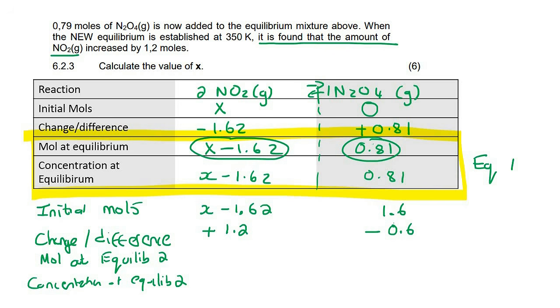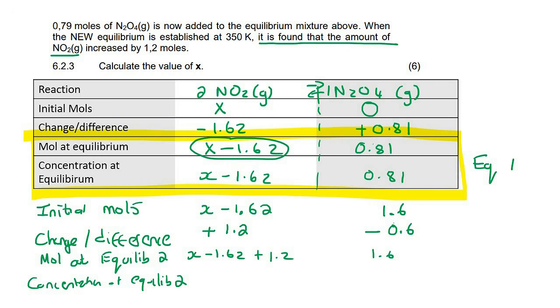So now we can just see what the new mole at equilibrium is. Remember how we normally do it? You would normally just add these two things together, and that's how we got that. And then you would add these two together, and then you would get that. Okay, so this one will be x minus 1.62 plus 1.2.